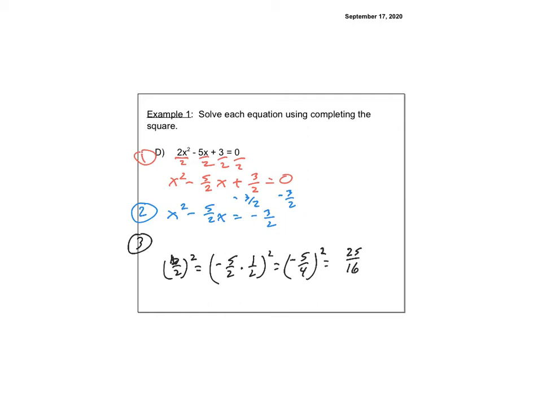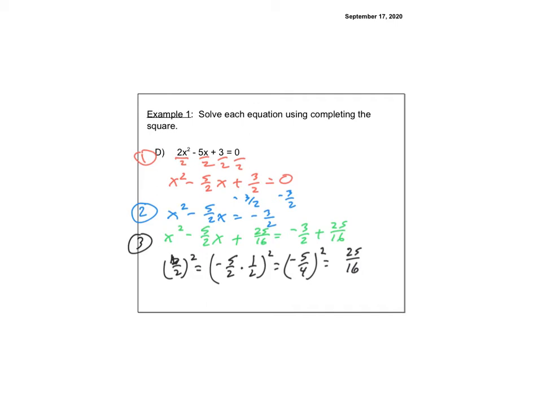So let's do that. So I've got x squared minus 5 halves x plus the 25/16 that we said we're going to add to both sides, and then negative 3 halves plus a 25/16. Now we're going to write our quadratic there as a perfect square trinomial.